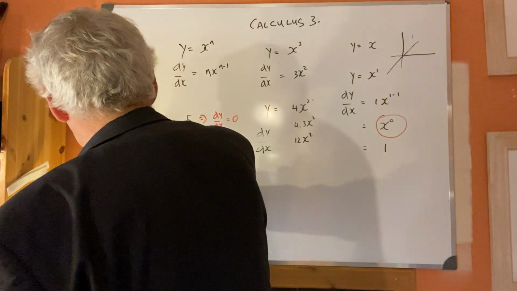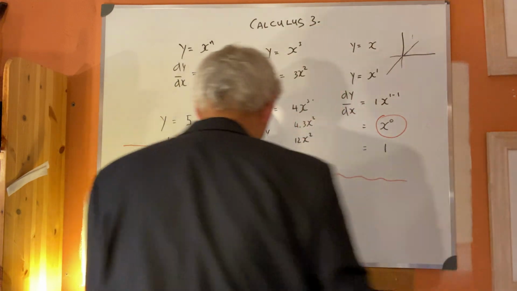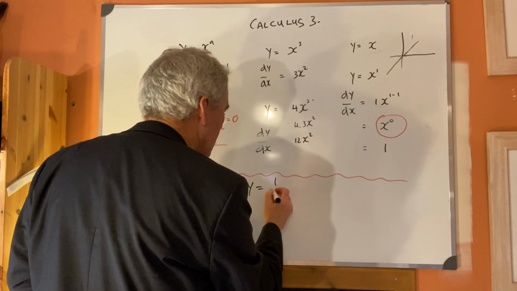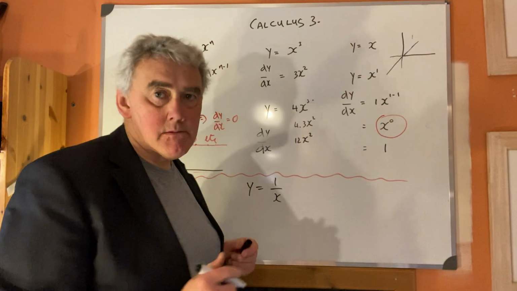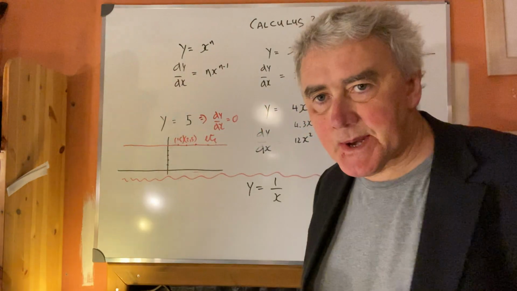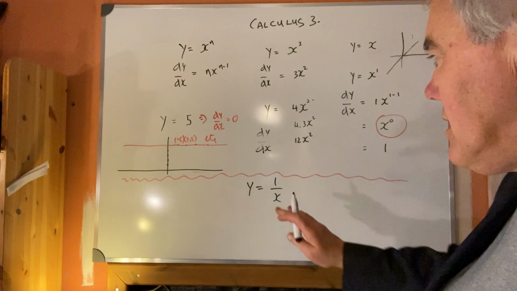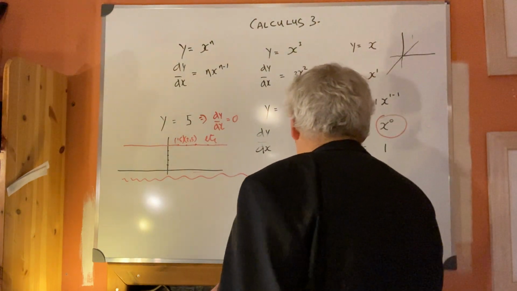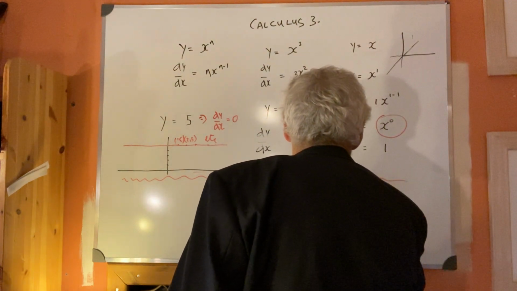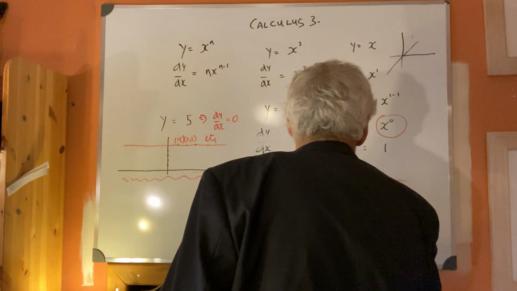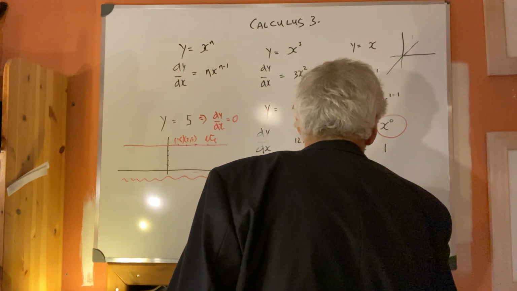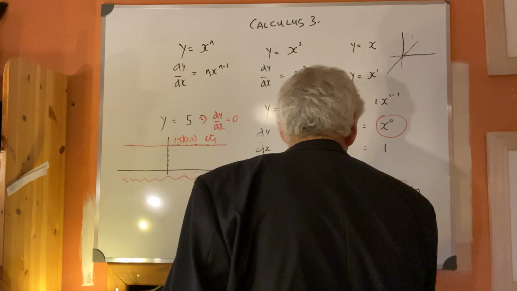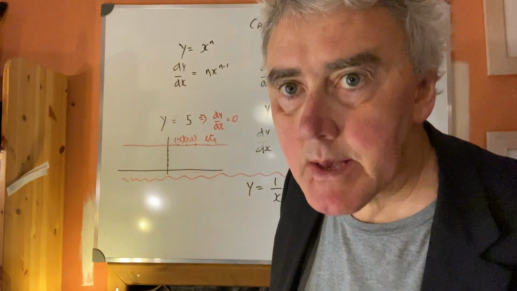If we have y equal to 1 over x, like so, and if we want to differentiate that, I have to write it first of all in the form x to the n.